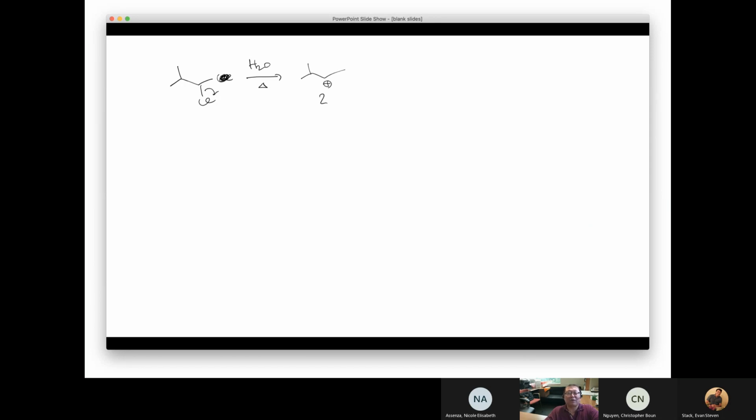This is a secondary carbocation, which is okay, but if you move the hydrogen from the neighboring carbon, the more substituted side, that's a hydride shift, then you can have a more substituted carbocation, which is a tertiary carbocation right there. So this is the reason for the hydride shift.